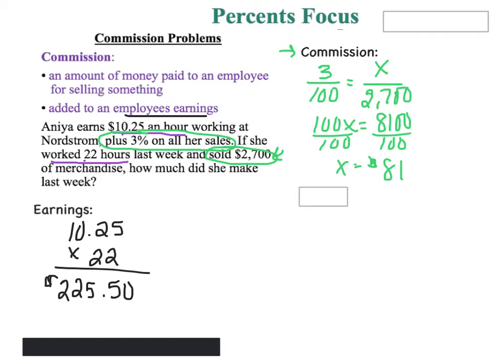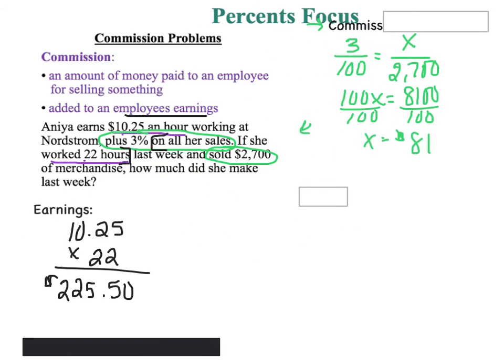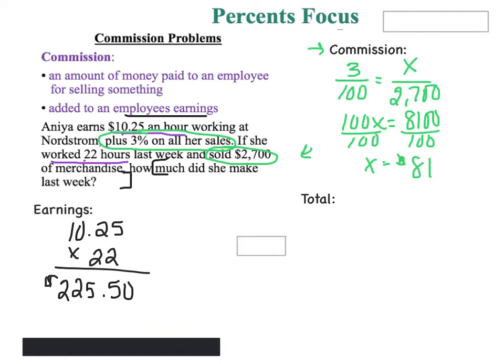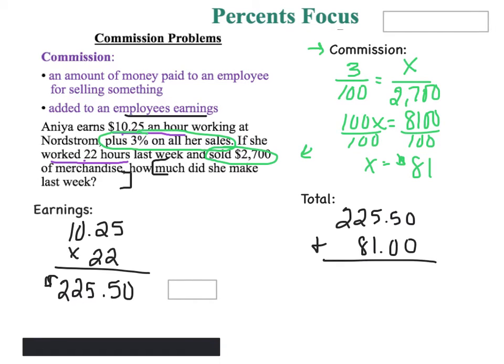But we want to know how much she makes for the entire week, which means our last step is to find her total. So I'm going to take how much she earned. This is like how much she would have in her paycheck. Going to add to that the extra commission, extra money she gets, and we get $306.50.